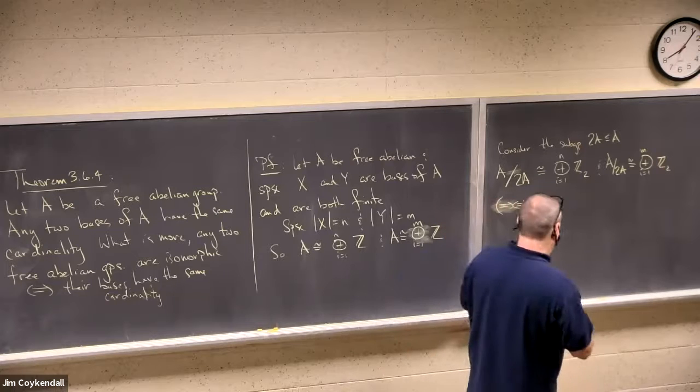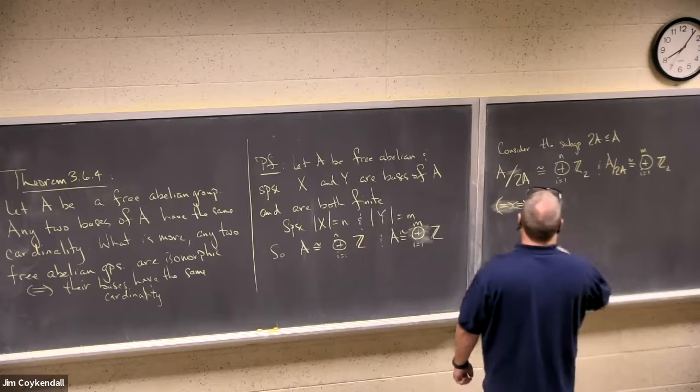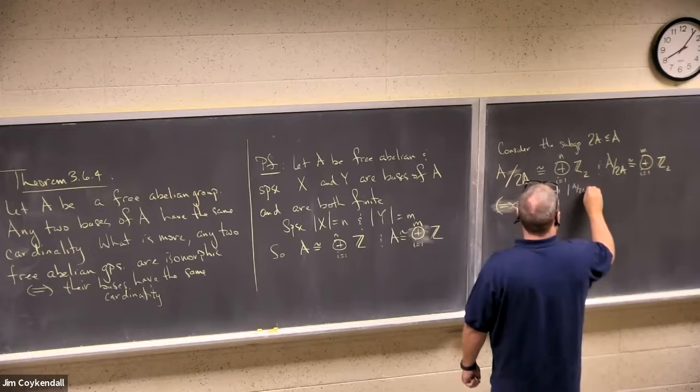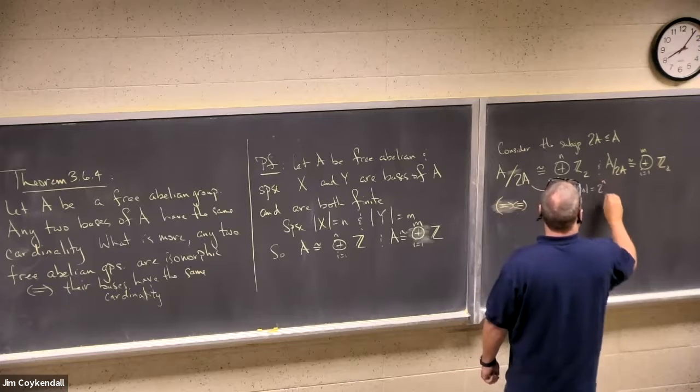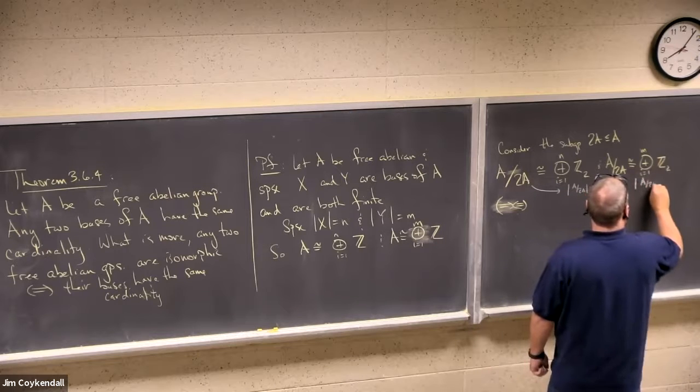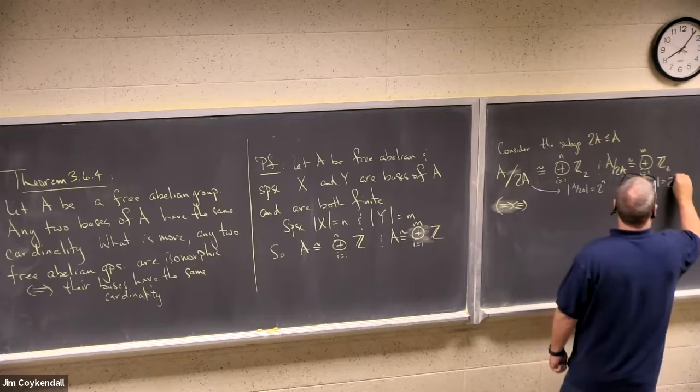This is a contradiction, because this would give the order of A mod 2A is equal to 2 to the n power, and this gives the order of A mod 2A is equal to 2 to the m power.